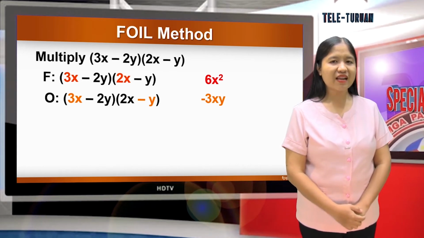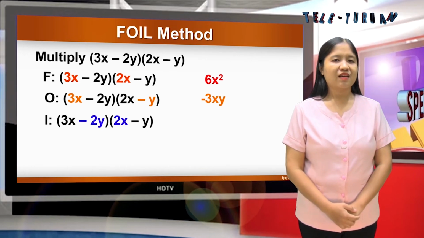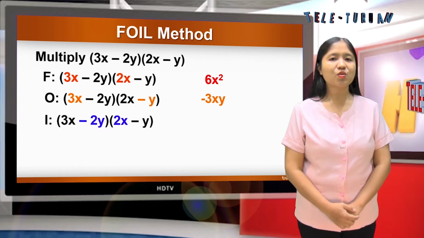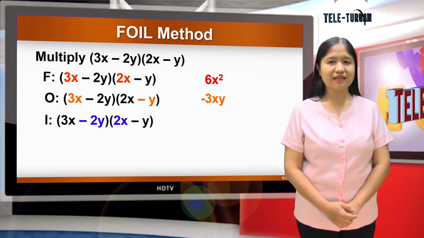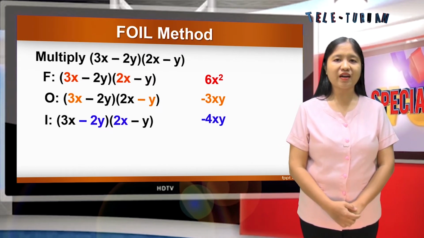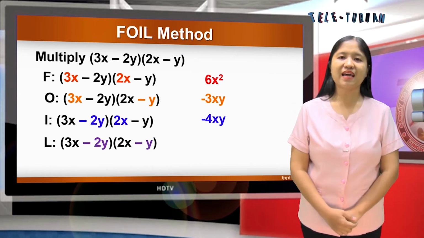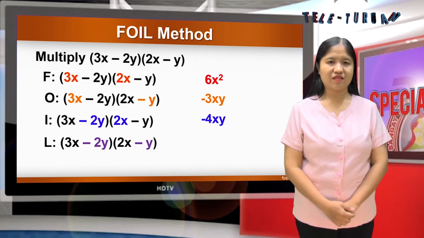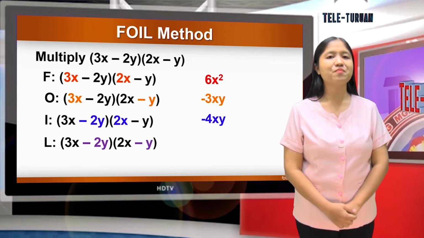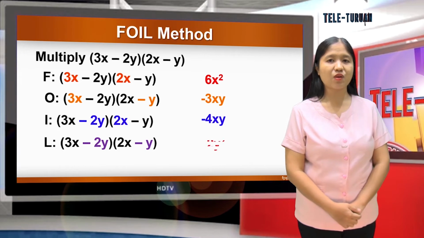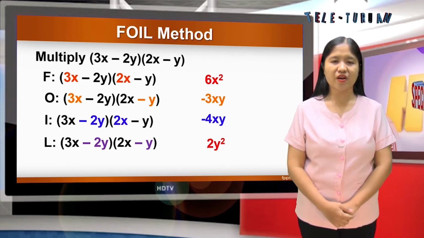Then, multiply inner terms. It is negative y times 2x. It will yield negative 2xy. Finally, multiply the last terms. It is negative 2y times negative y, which is equal to 2y squared.